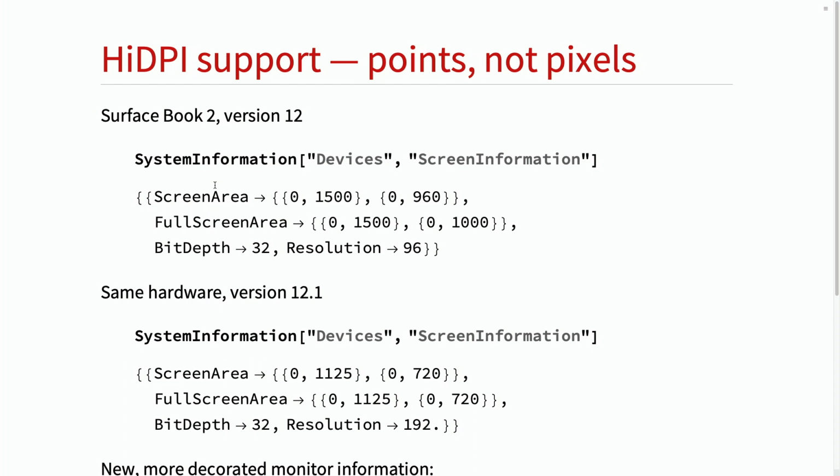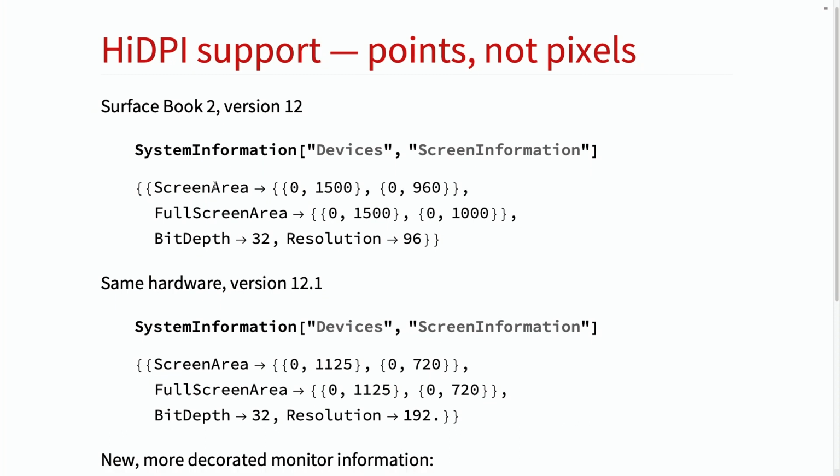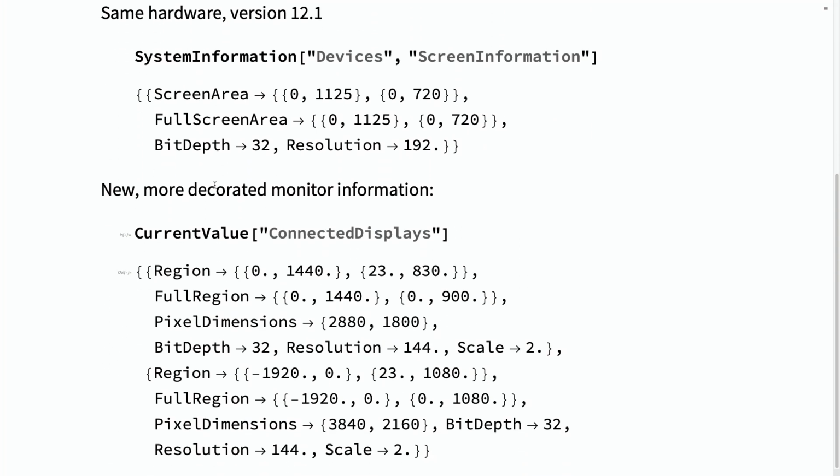In my case, I ran this on a Surface Book 2, which is a 200% scaling, so it basically dropped down by a factor of, well, not just 1/2, because it also had to navigate the 72 versus 96 DPI. And then we added a current value, which is more discriminating in terms of the kind of information that it can return about monitors.